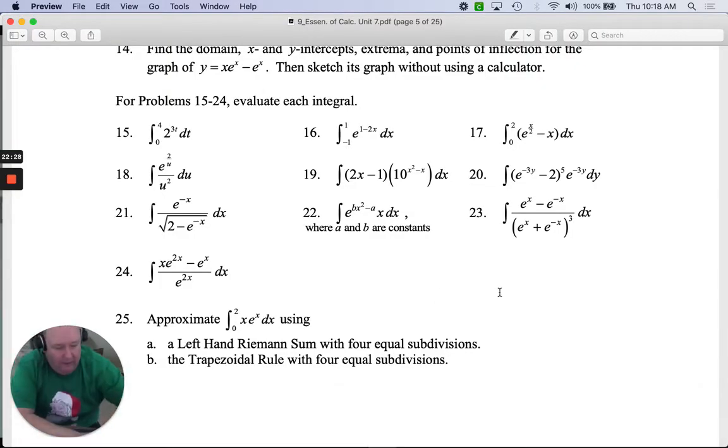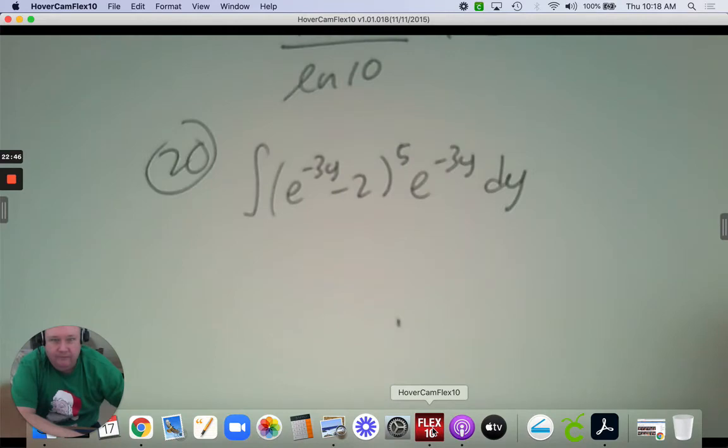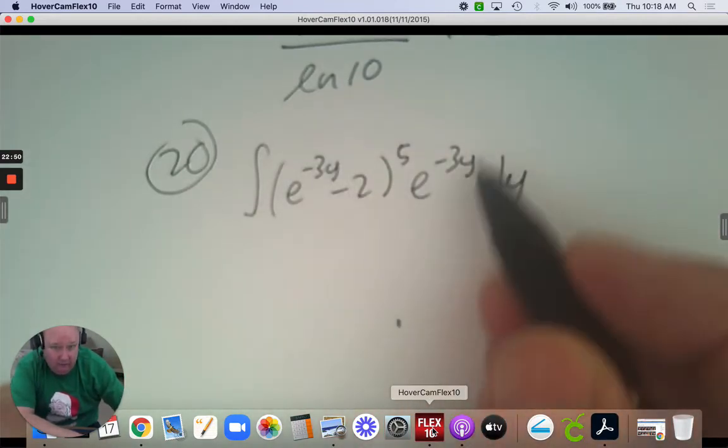Number 20, we're integrating e to the negative 3y, subtract 2, all to the exponent 5, and then e to the negative 3y dy. So recognize the primary compared to the hook on.